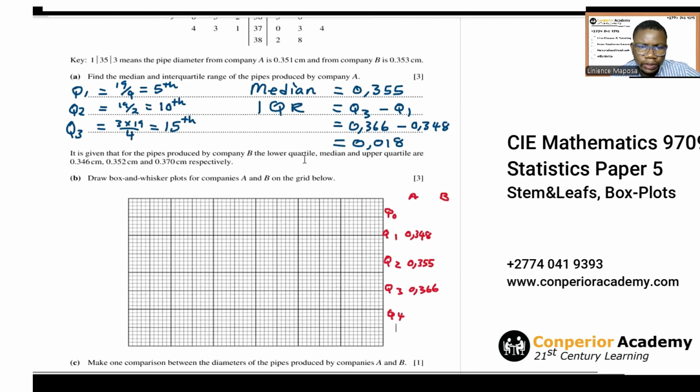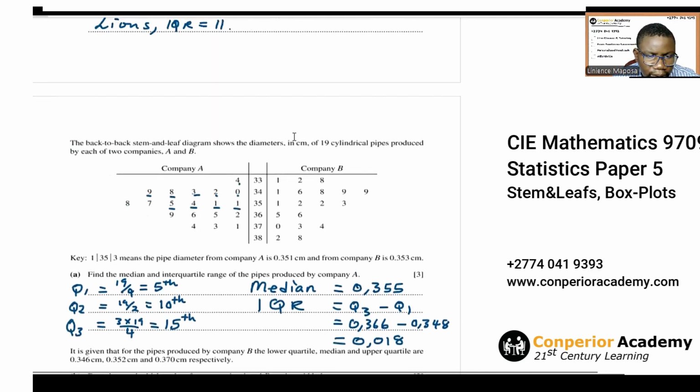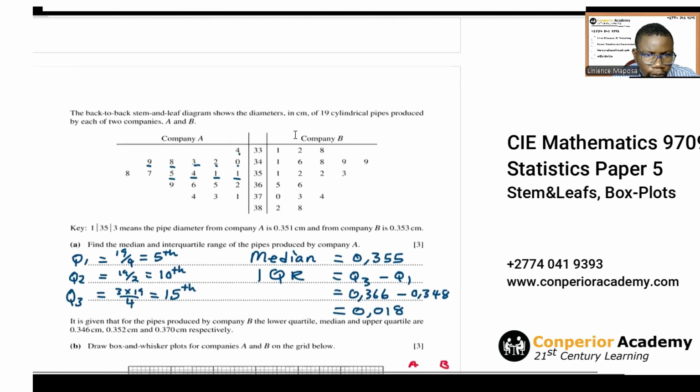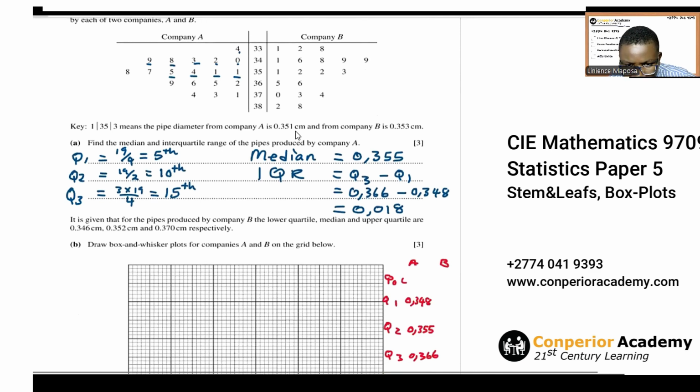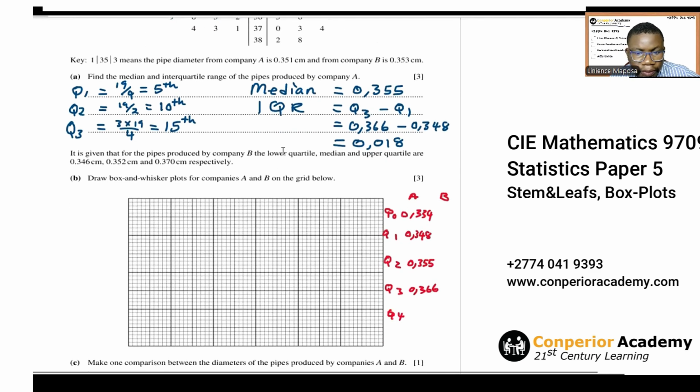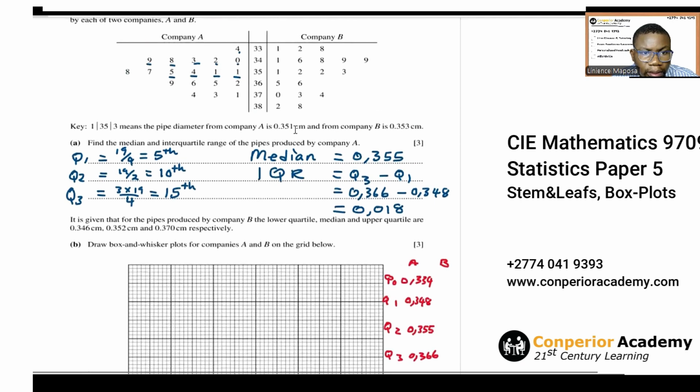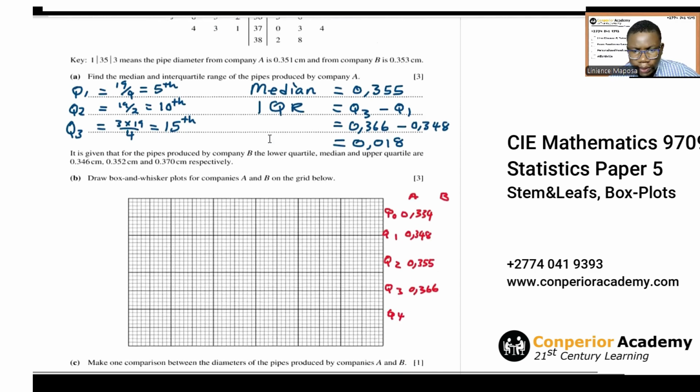Okay, so Q0 and Q4 will be 0.334. That is the lowest value, 0.334. And then the maximum value, that will be 0.374. And then for company B, I just need Q0 and Q4 because the other ones are given here in the question.